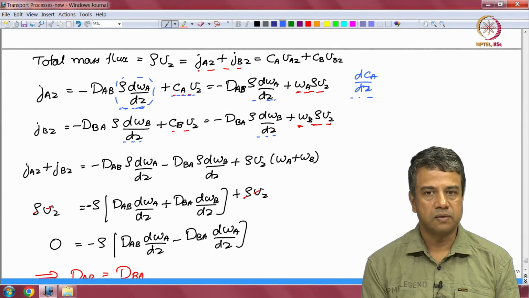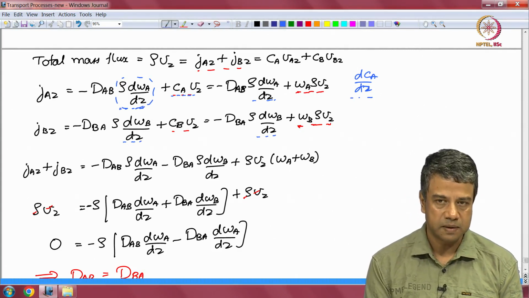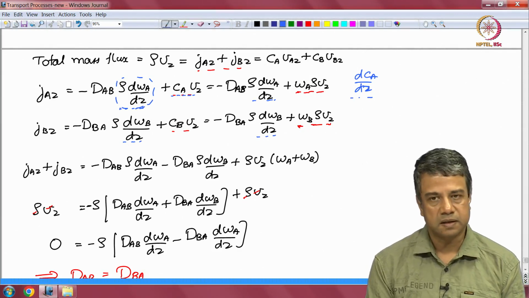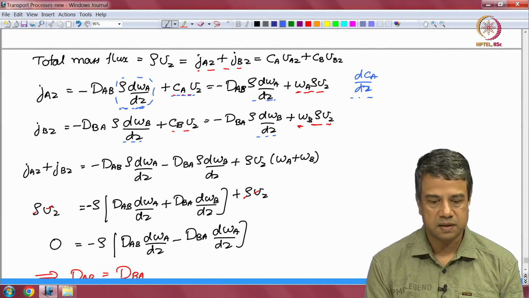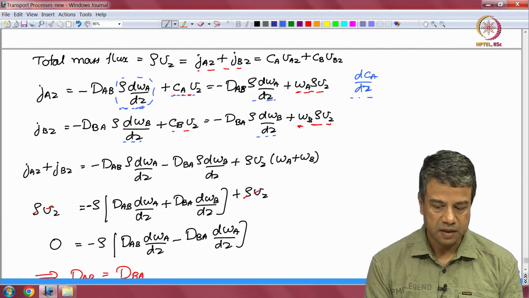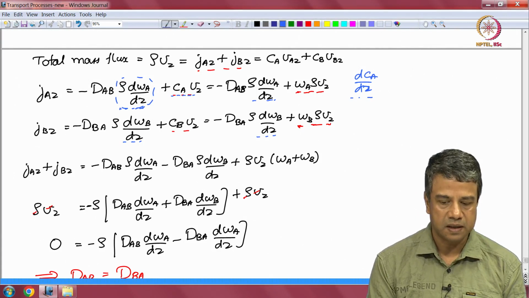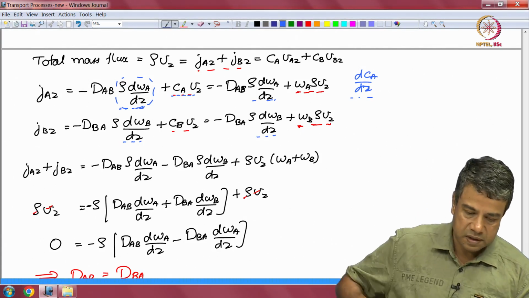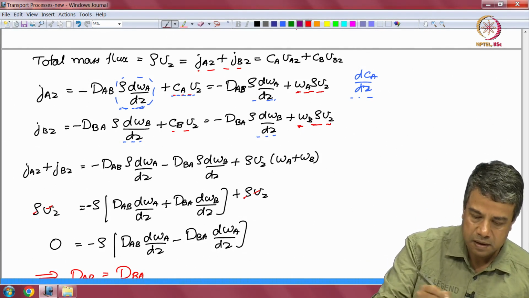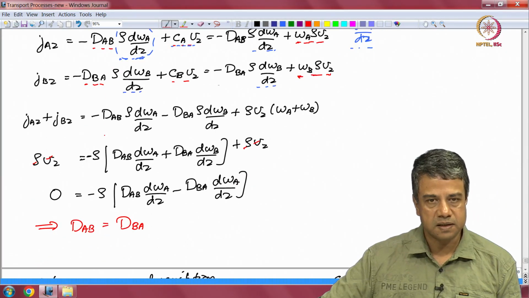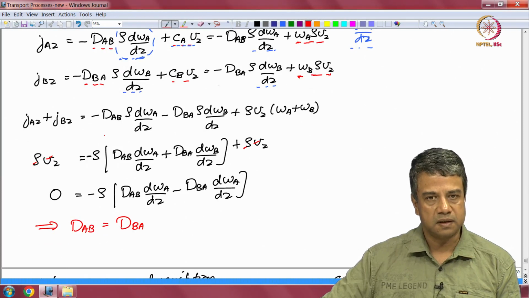I told you that this comes from thermodynamics. It should strictly be related to the mass fractions rather than the mass concentrations. Similarly for B, and if you sum up those two, you find that the diffusion coefficients DAB and DBA have to be the same. That is a consistency condition that we had got earlier.